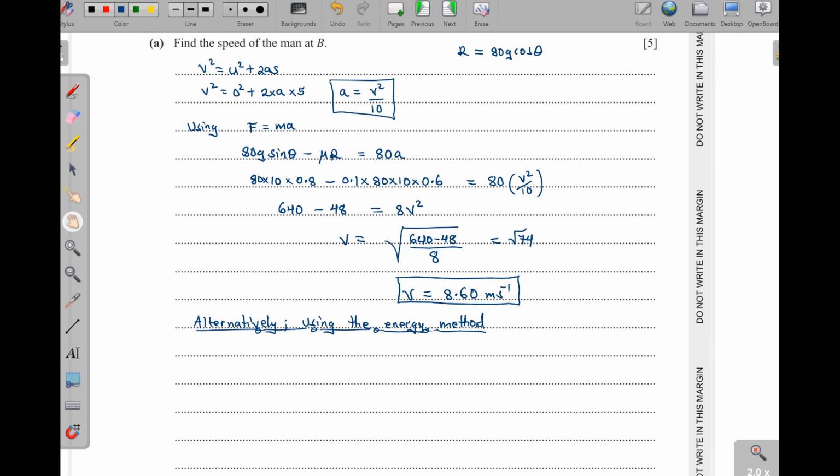Now, using the work energy principle, work done by the driving force minus work done against resistance is always equal to change in mechanical energy. And remember, we said that mechanical energy is always equal to the sum of kinetic energy and the gravitational potential energy.